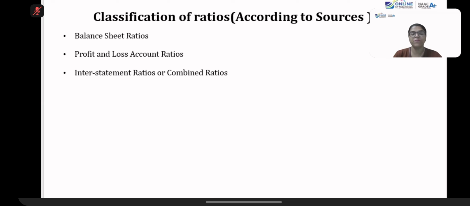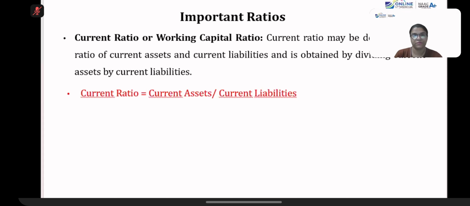Now we will discuss some important ratios. The first ratio that we are going to discuss is the current ratio or your working capital ratio. Now, current ratio, student, is nothing but a metric that measures the company's ability to cover its short-term liabilities with the short-term assets that it has.